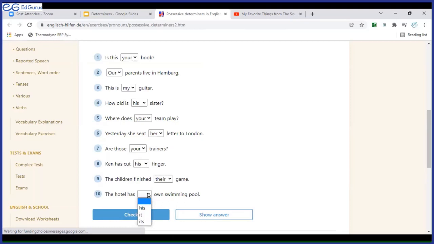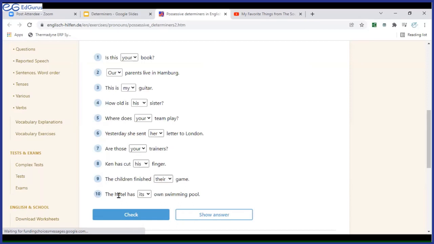The hotel has its own swimming pool. The hotel has it or its? It's. Right? It is its.